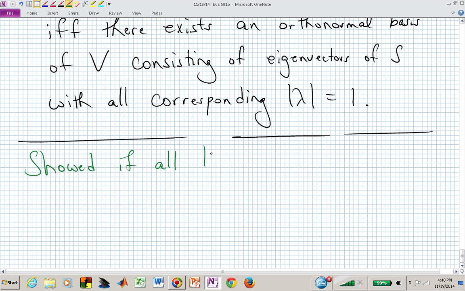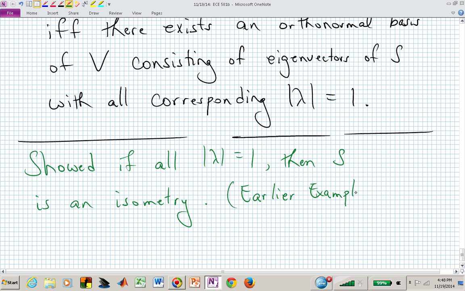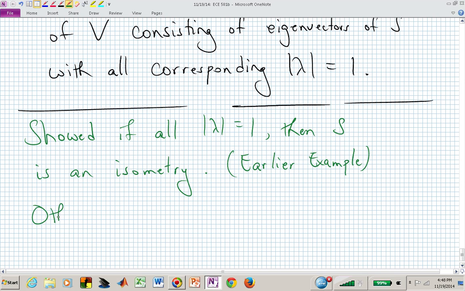We earlier showed that if we had all of the eigenvalues with magnitude 1, then S is an isometry, and now let's look at the other direction.